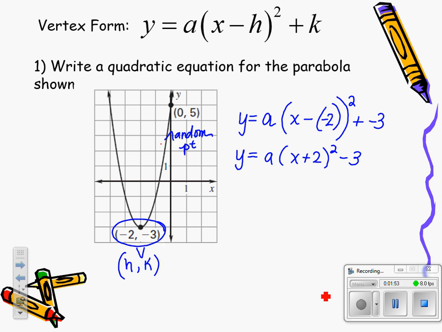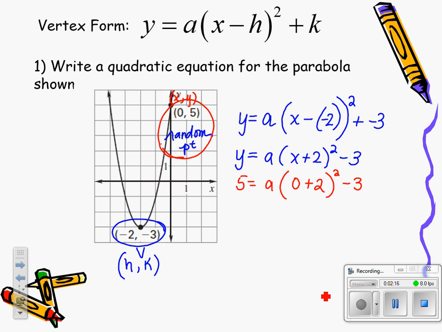We've got to use this random point, and if you understand what a random point is, it's just a point anywhere on your graph, and it represents your x and your y. So you're going to plug the 0 in for x, you're going to plug the 5 in for y, and you're going to keep a and leave it there.